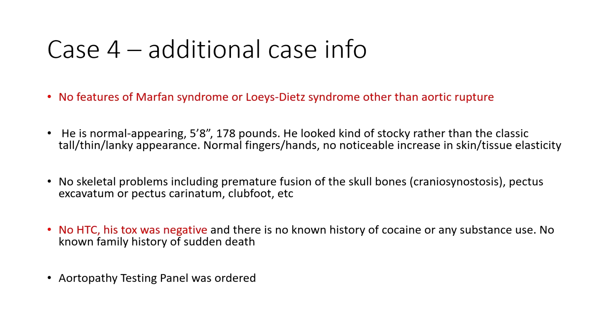No noticeable increase in skin or tissue elasticity. No skeletal findings. And he had no hypertensive cardiovascular disease. His toxicology results were negative, and there was no known history of cocaine or any substance usage. No known family history of sudden death. An autopsy testing panel was ordered.